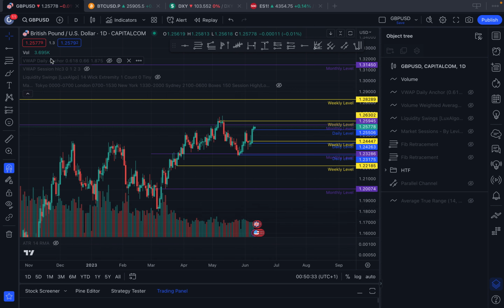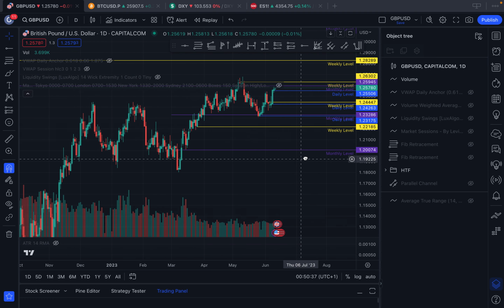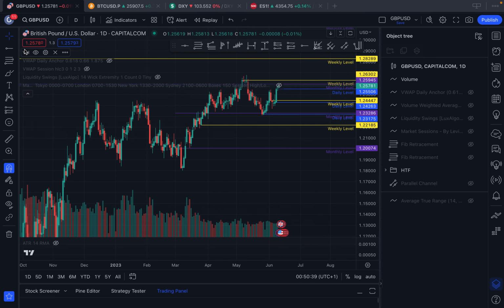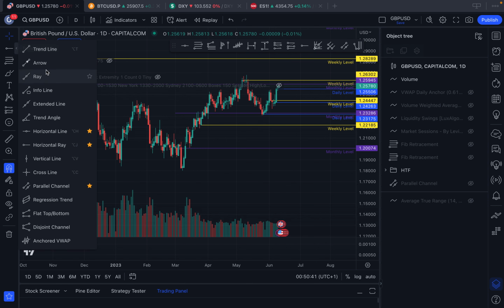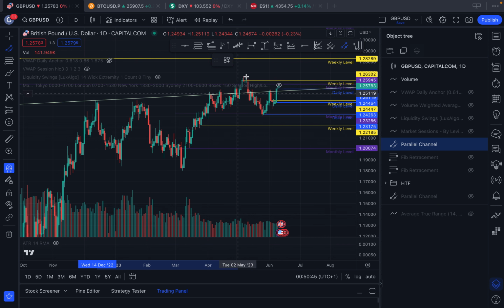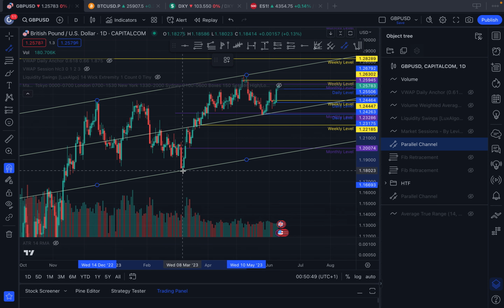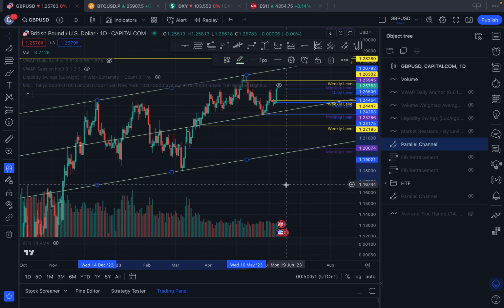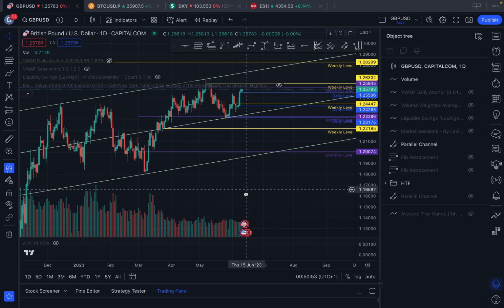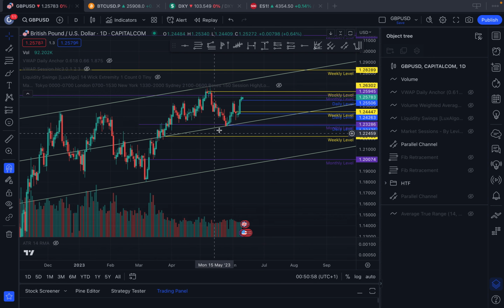Let's go back to the 4-hour chart actually. Before we do that, let's see if we're in some sort of parallel channel on the daily chart. Oh yes, that looks pretty good as well, to be honest. You can see we've turned to support, support, support.